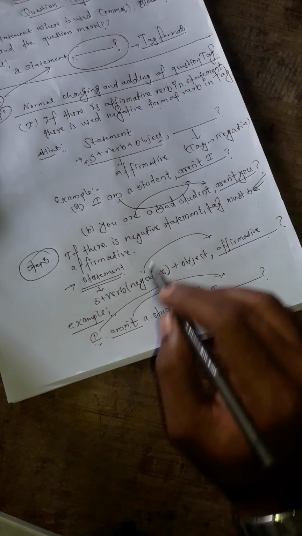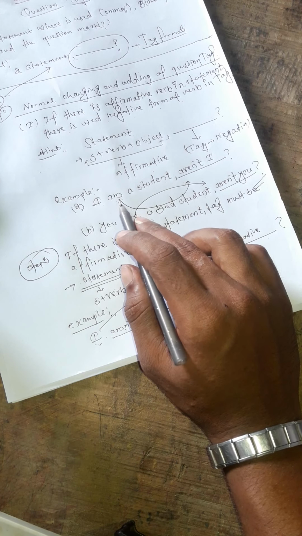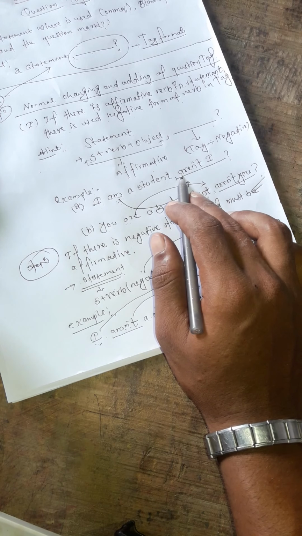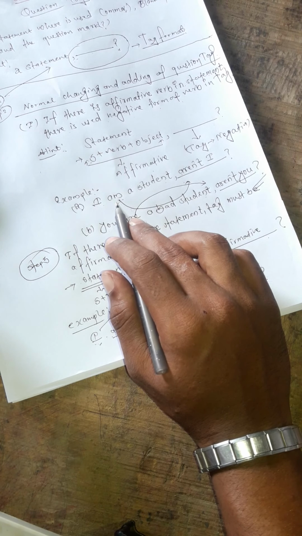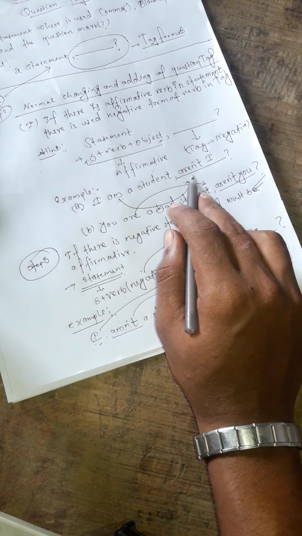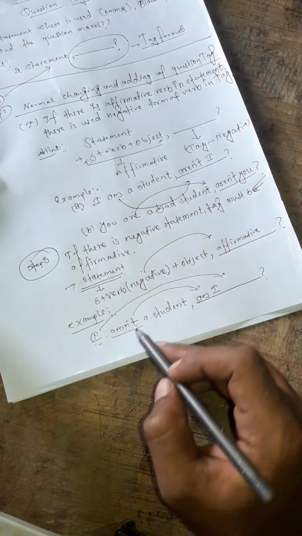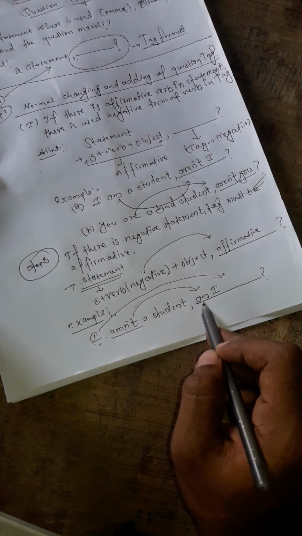And another is, if there is am in a statement, we have to change it into aren't according to the rule of question tag. Listen once again. If there is am in the statement as a positive, then you have to change the am into aren't in negative. And if there is am not in negative, we have to change am not into am.